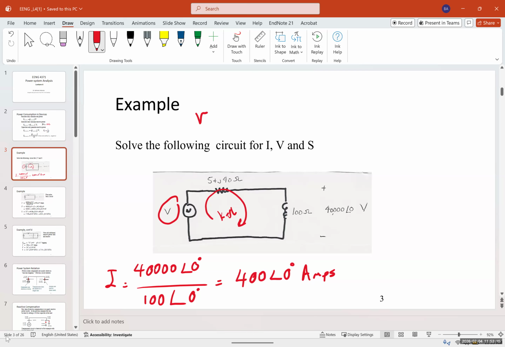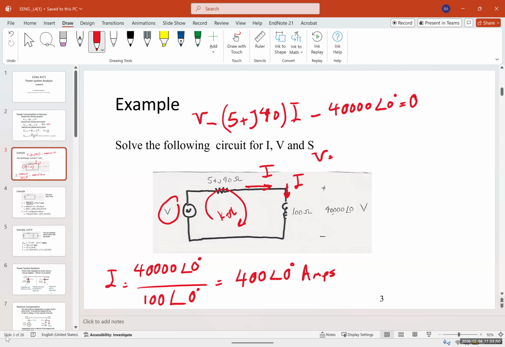In other words, I can write it like this: V minus (5 plus J40) times I minus 100 times I, or just write the 40,000 with a degree of 0 degrees, is going to be equal to 0. Again, the current passing through this I is equal to the current passing through the inductor. They are in series, obviously.